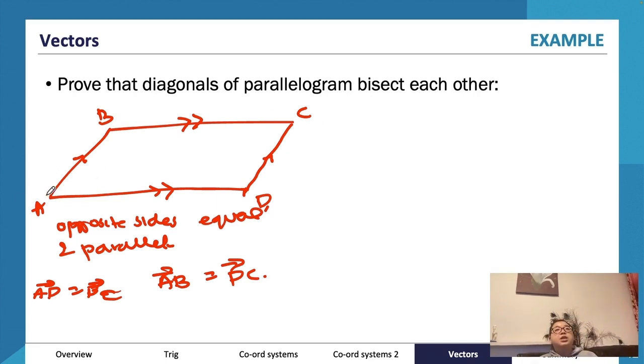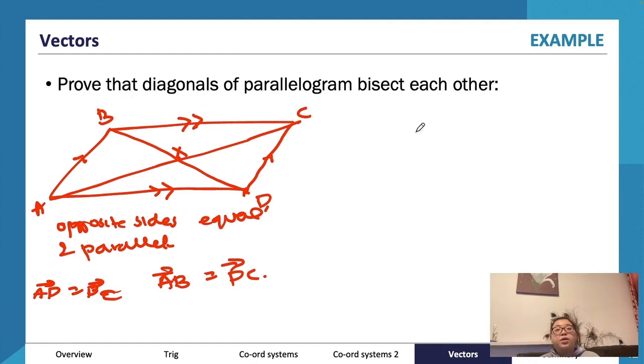So we draw a line from A to C and a line from B to D, and we want to prove that this point X bisects that line. We can assume that along AC there is this point X which sits there already and bisects it, and our goal is to prove that the point also bisects the line BD.